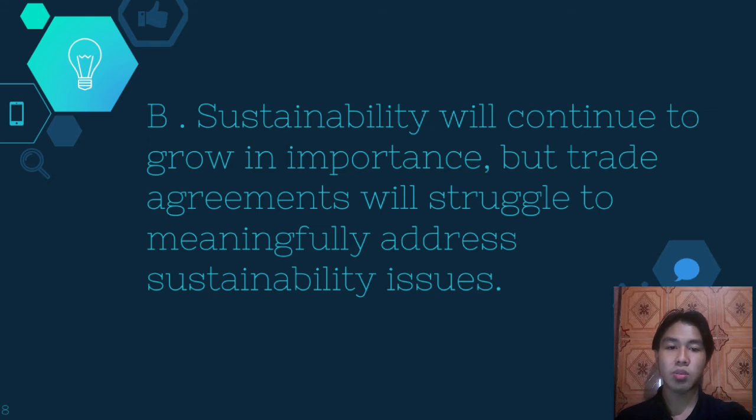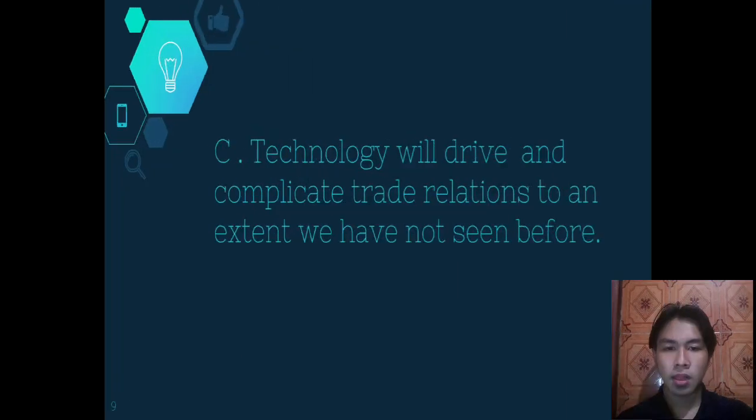There are limits to what we can expect trade agreements to accomplish in this sphere.